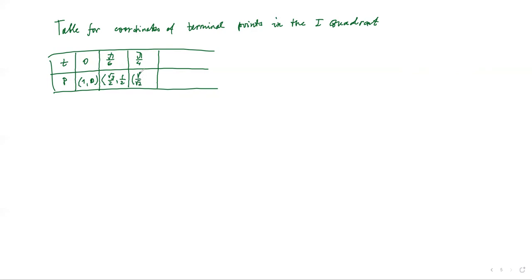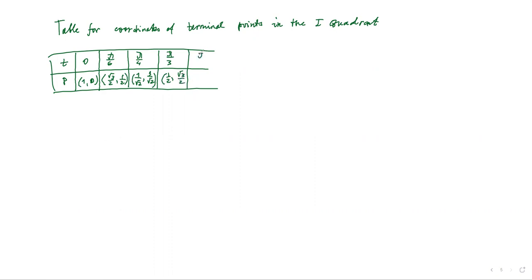At pi over 4, our first example, x was 1 over square root of 2. Wanted to write down a square root. Somehow my eraser does not work with this whiteboard. Well, that's okay. 1 over square root of 2, 1 over square root of 2. And the next one, pi over 3, was example 2, and we have 1 over 2, sorry, missing parenthesis here, square root of 3 over 2.